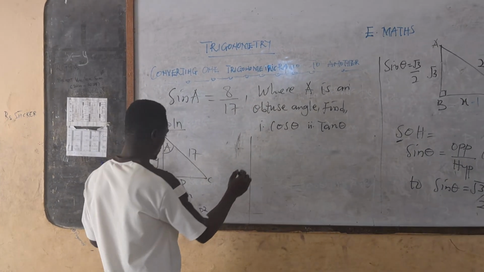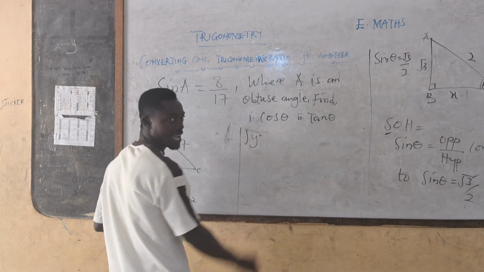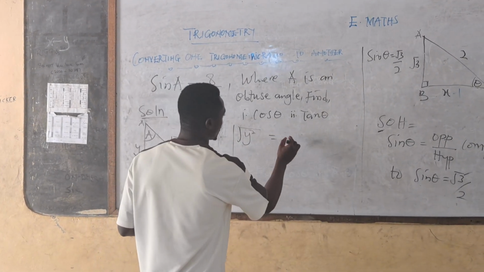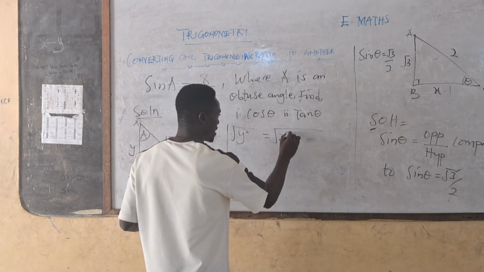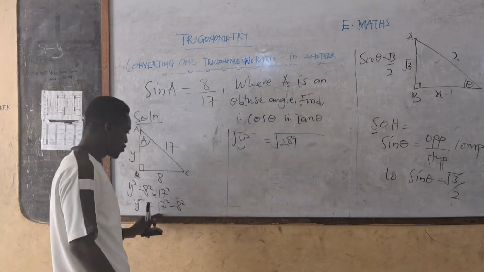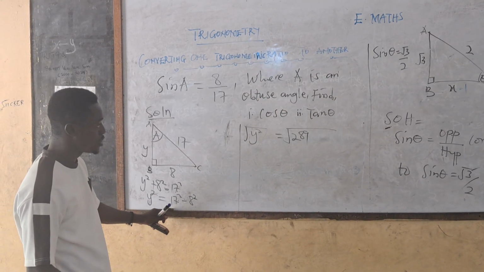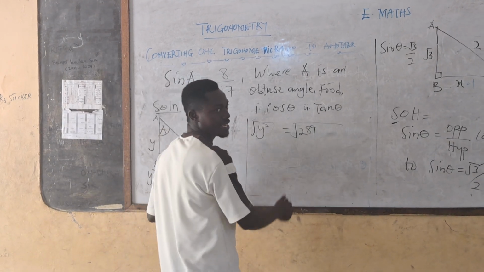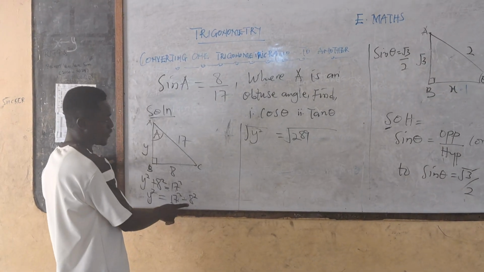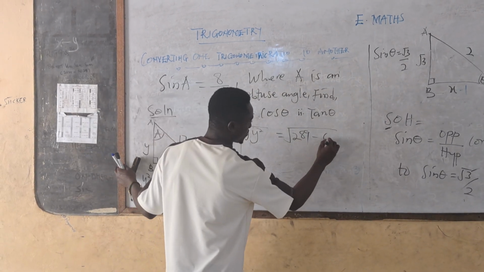If you take roots of both sides, 17 squared gives you 289 and 8 squared gives you 64.